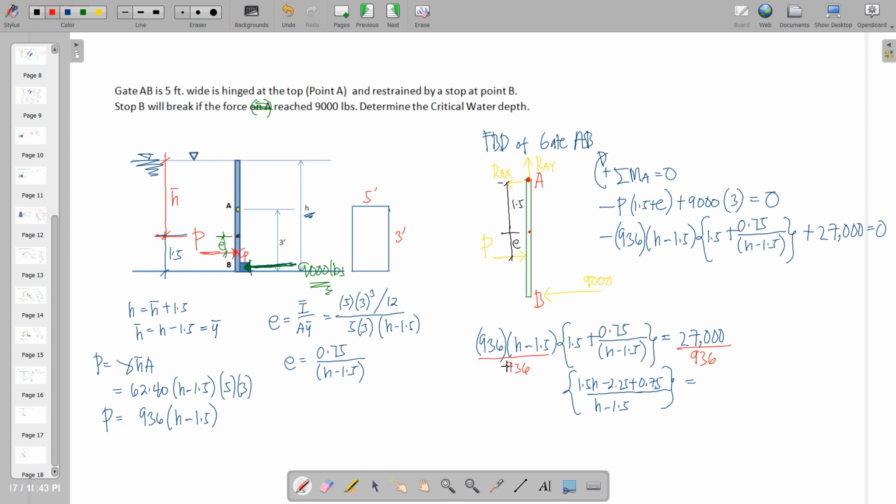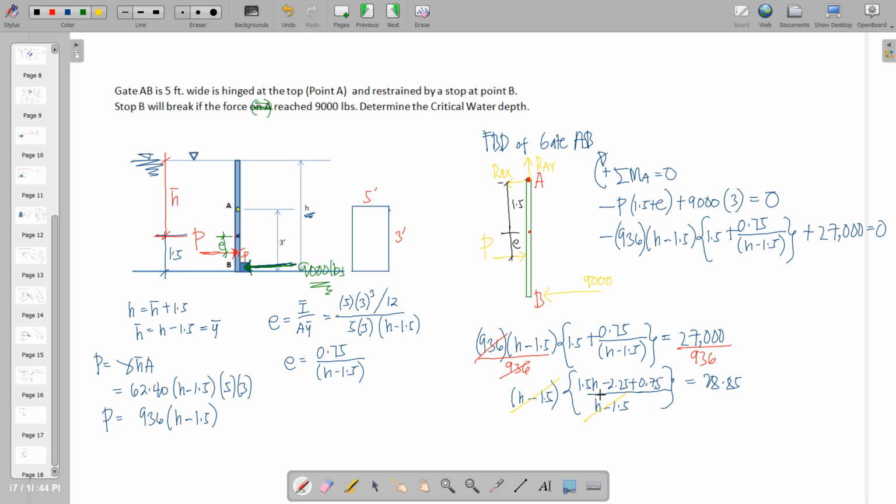So this time we divide both sides of the equation by 936. We have 936 cancelled at this side, and 27,000 divided by 936 is 28.85. We also copy this, H minus 1.5. And then it is obvious that this shall be cancelled.